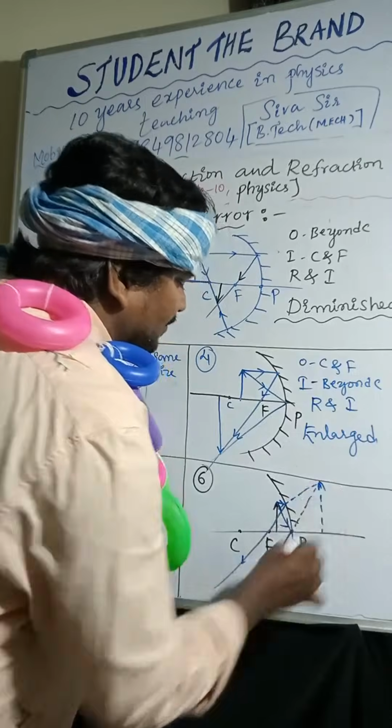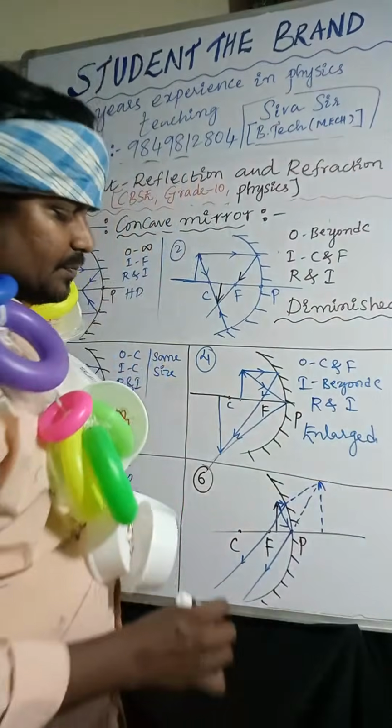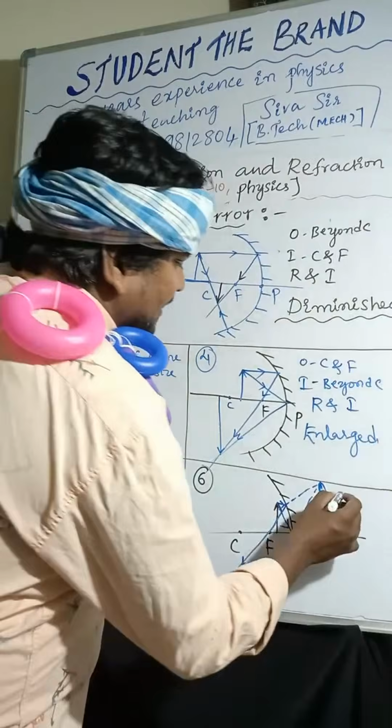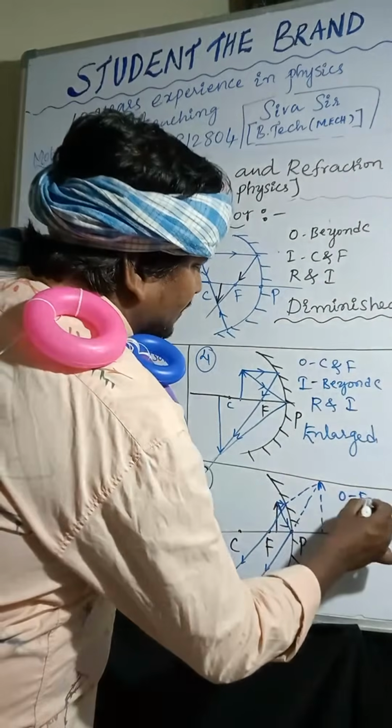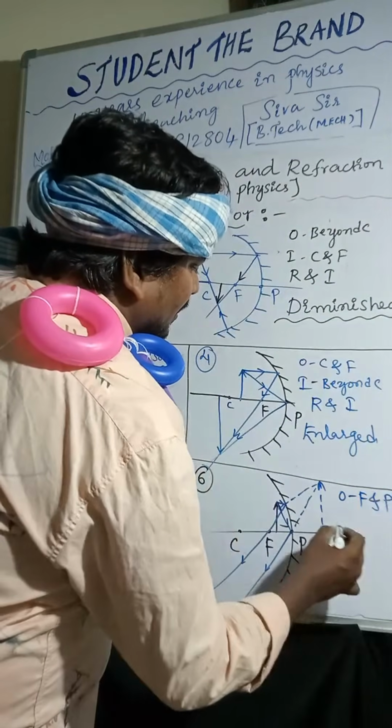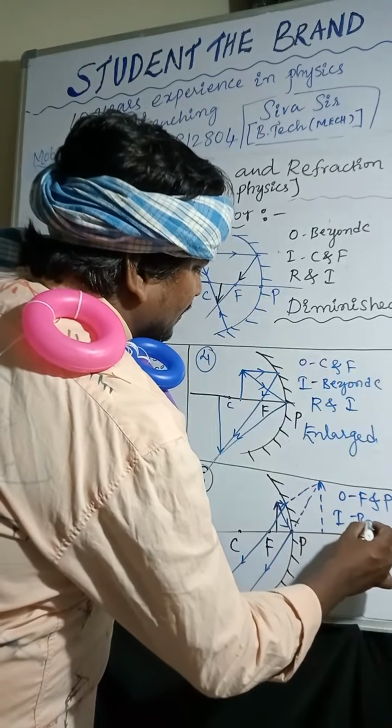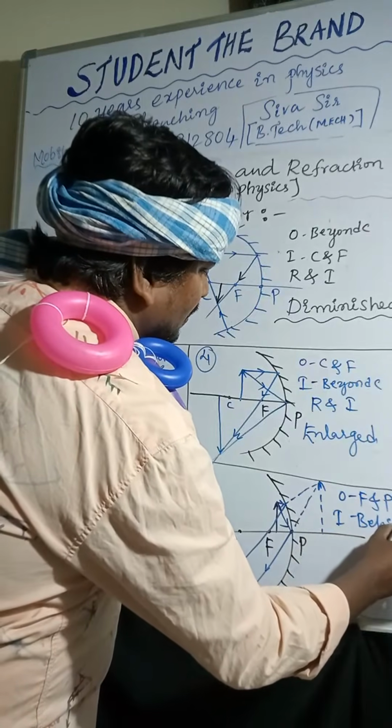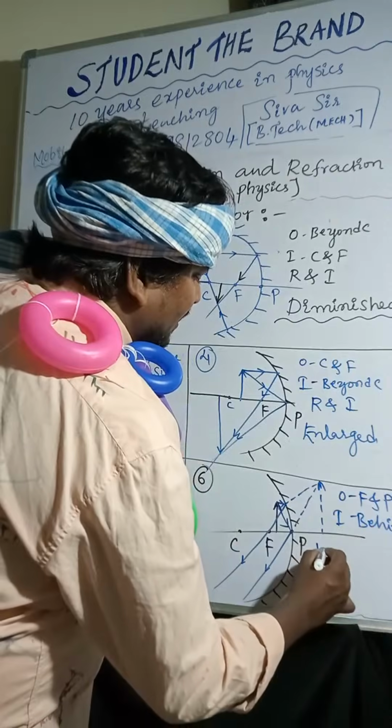So the image will form here. Object is placed between F and P, image will form behind the mirror.